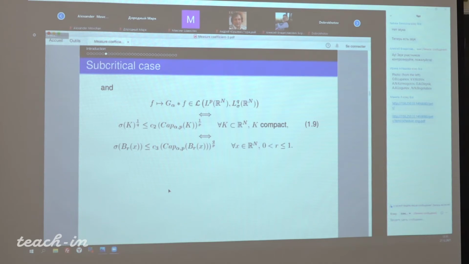This is the Bessel capacity case, and this is also equivalent to sigma of the ball B_R being bounded by C3 times the C_{alpha,p} capacity of the ball B_R to the q. These are some results which can be used.